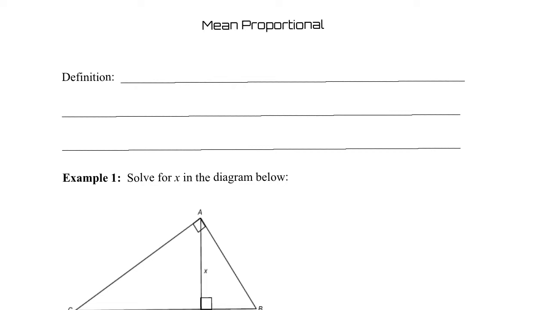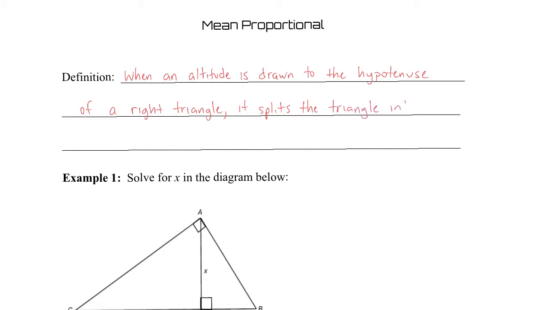The definition of mean proportional is when an altitude is drawn to the hypotenuse of a right triangle, it splits the triangle into three similar triangles.